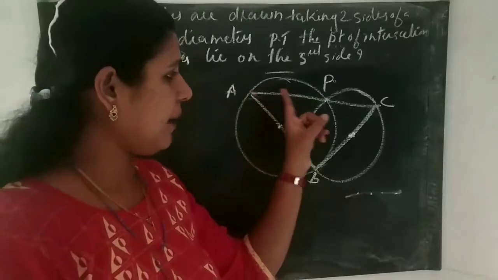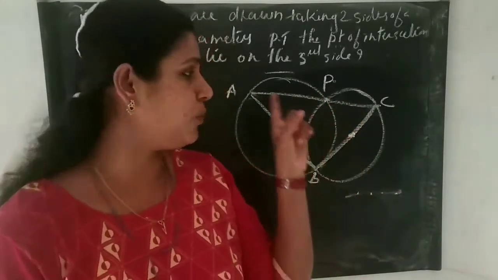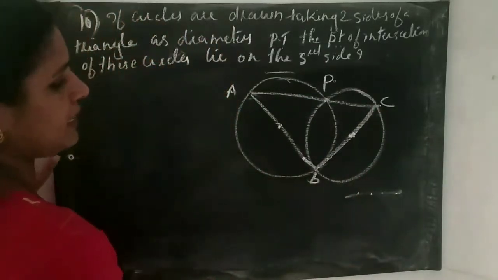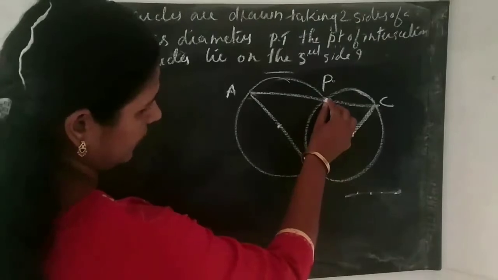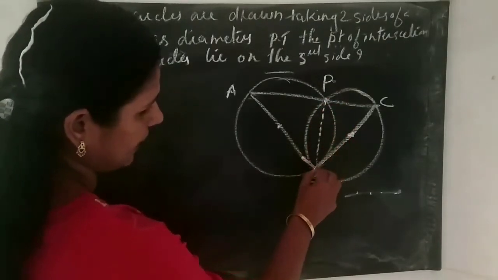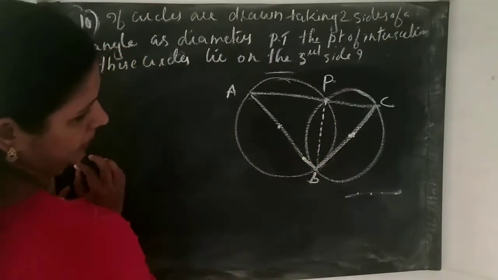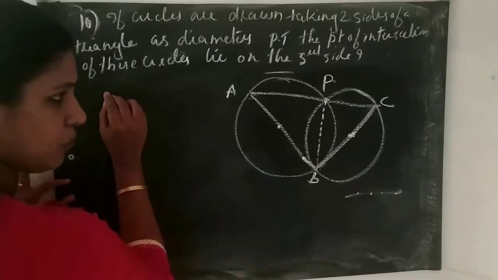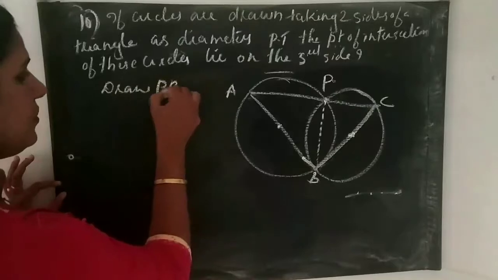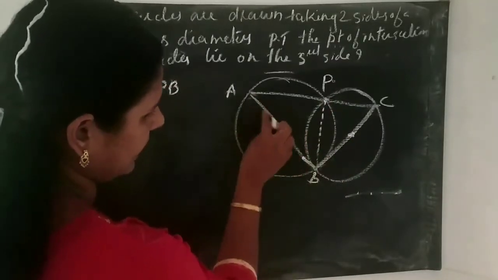So we have to prove A, P, C are collinear points, so we have to prove this line is a straight line. The straight line means 180 degrees. For that, I draw a dotted line joining P and B. Draw PB. Now this is the center and it is the diameter.